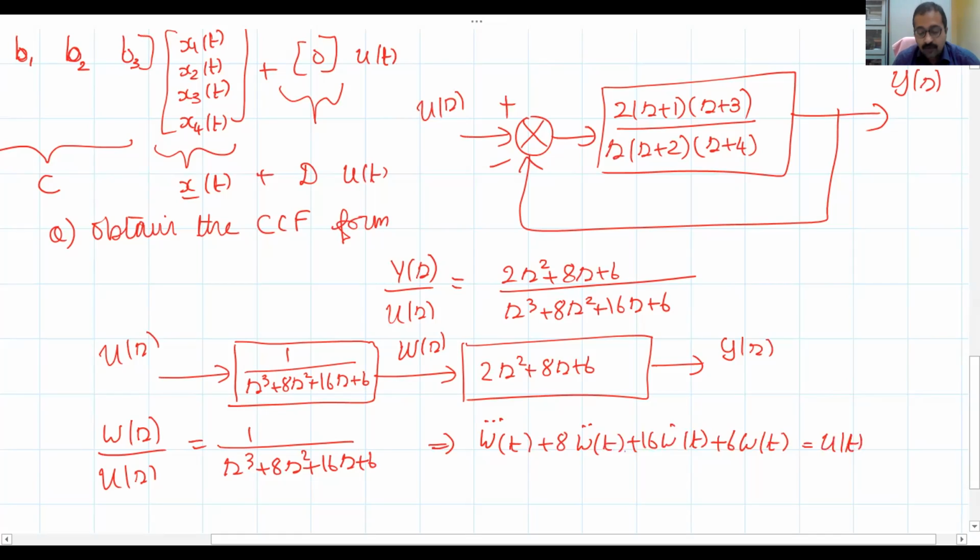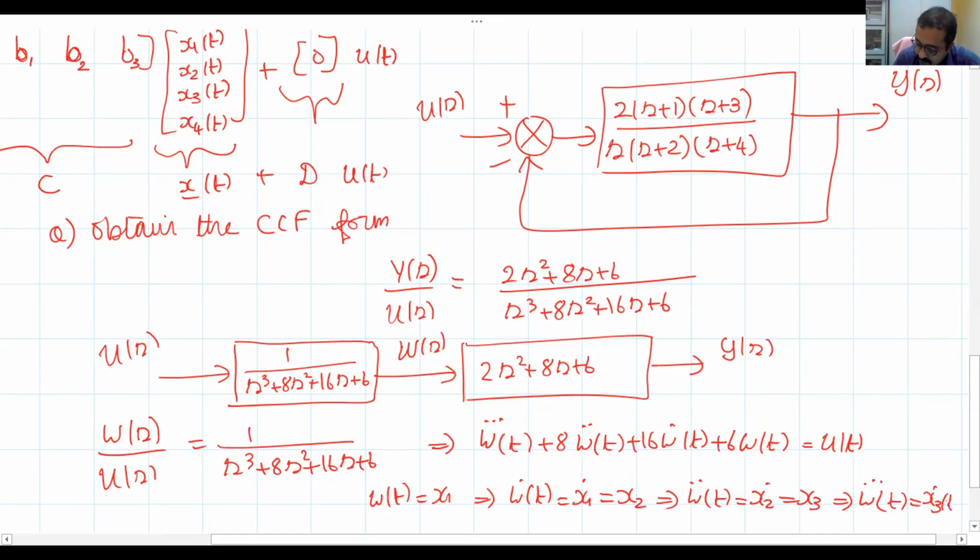As we did before, you can call w of t as x1, which implies w dot will be x1 dot, which is equal to x2, which implies w double dot will be x2 dot, which is equal to x3, which implies w triple dot will be nothing but x3 dot t.